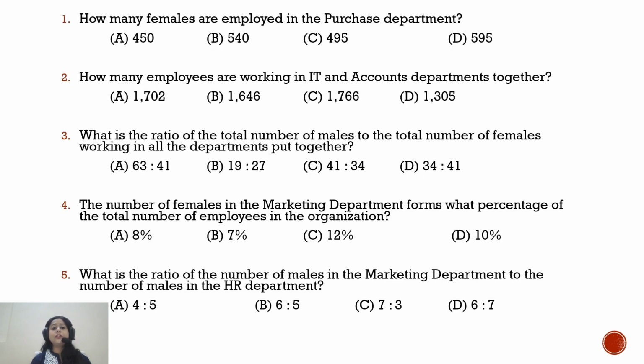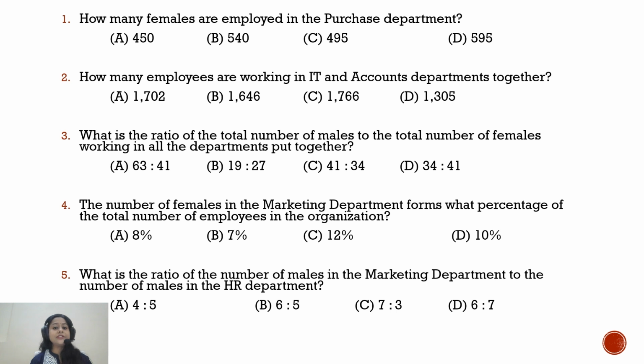So these are the kind of questions like how many females are working in purchase department? How many employees are working in IT and accounts department together? Then finding out ratio, then finding out percentage again. So finding out the absolute number is the key to answer all these questions.